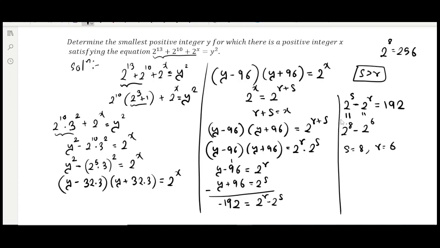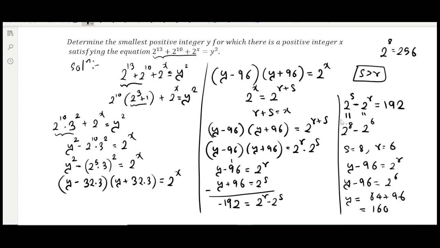By putting in any one of these equations, we can easily get the value of y. y minus 96 is equal to 2 raised to power r, so y minus 96 is equal to 2 raised to power 6. So y will be equal to 64 plus 96, which is 160. So the answer for this is 160.